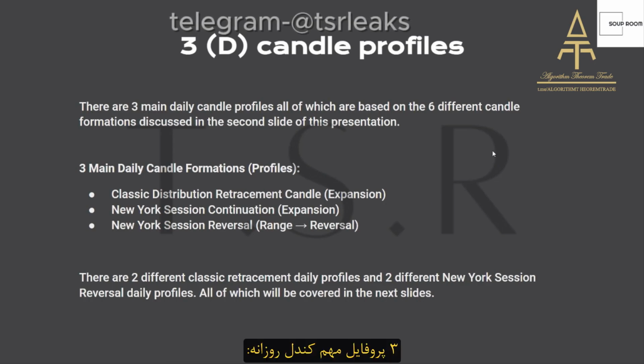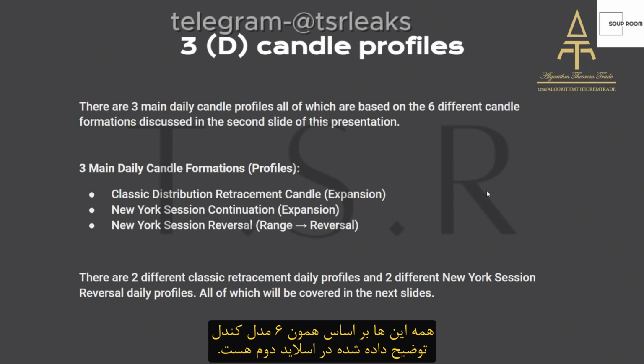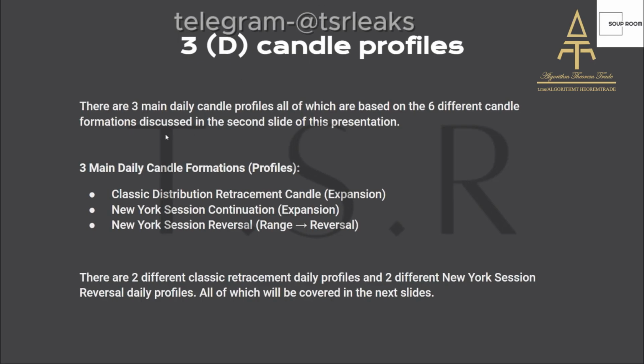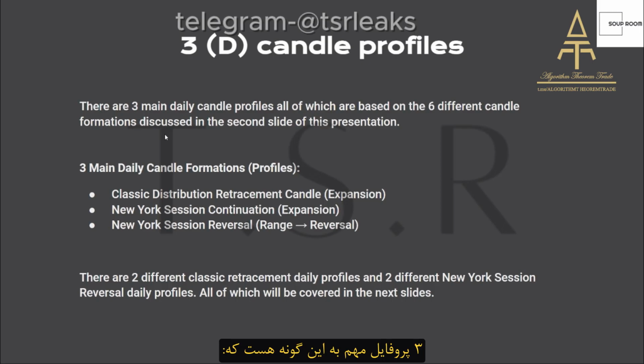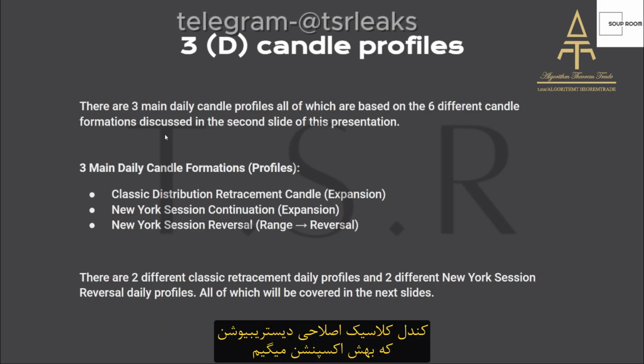So the 3 daily candle profiles. There are 3 main daily candle profiles, all of which are based on the 6 different candle formations discussed in the second slide of this presentation. The 3 main daily candle formations, also known as profiles, are as follows. So number 1, we have the classic distribution retracement candle. We'll call this an expansion.